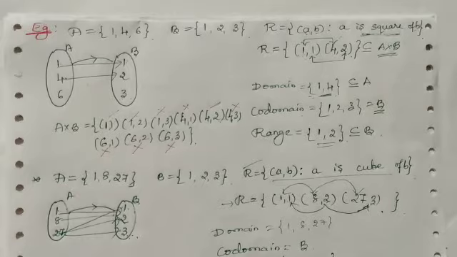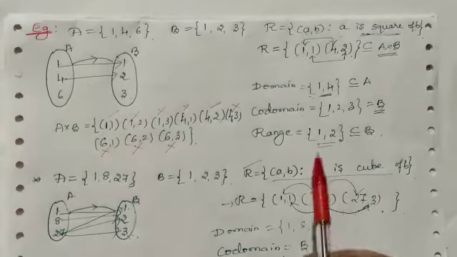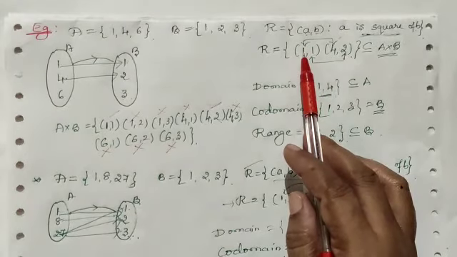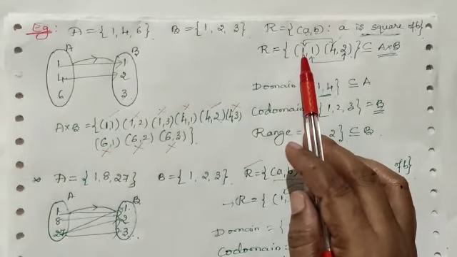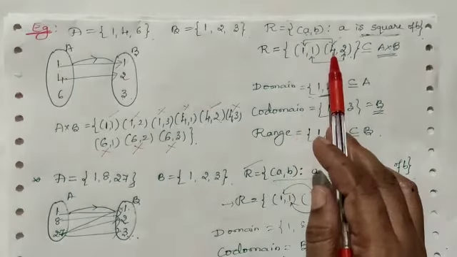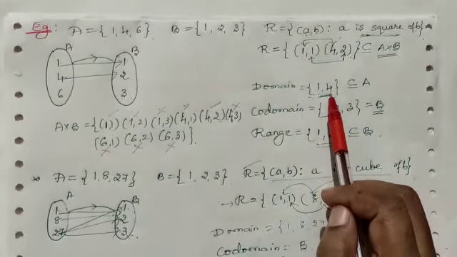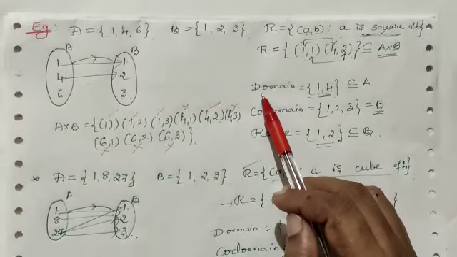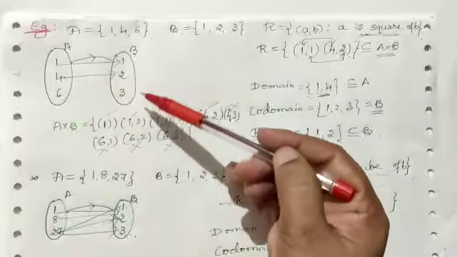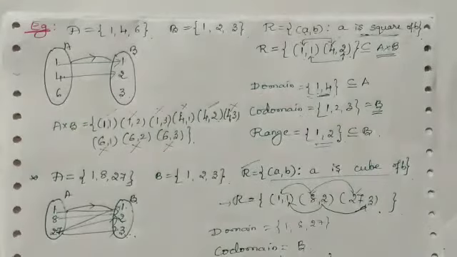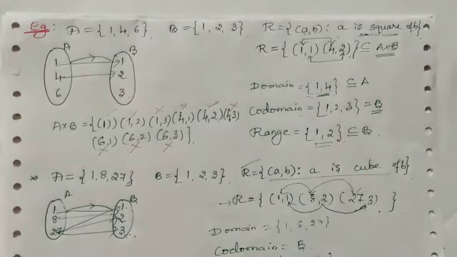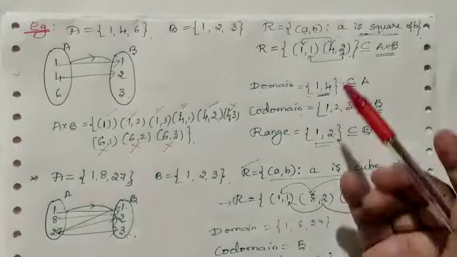Next comes domain. Observe the ordered pairs of the relation R. The set containing the first elements in the ordered pairs, here 1 and 4. Collect it. This set is called the domain. Codomain is what? The second set, here it is B. It is called the codomain. Range is what?